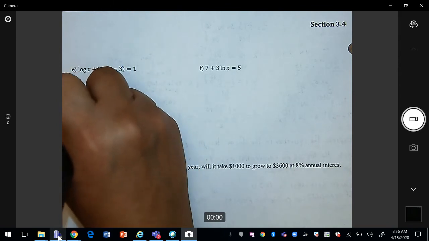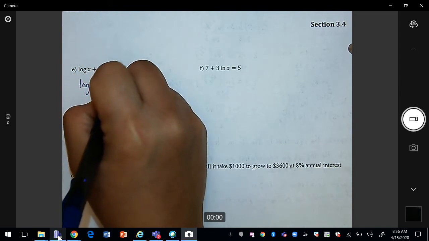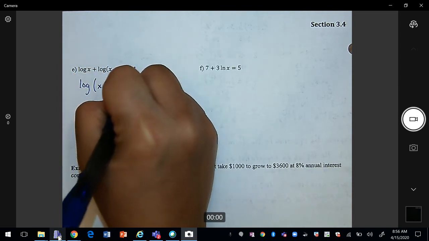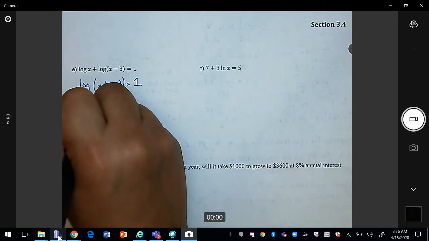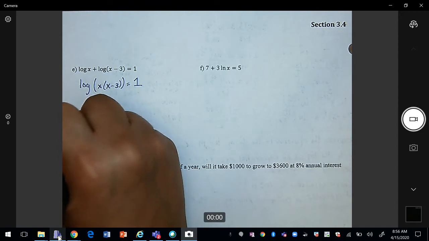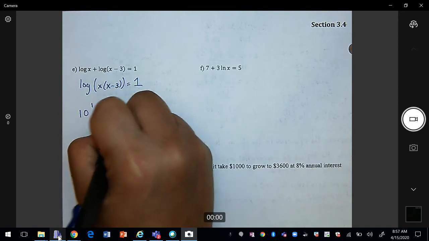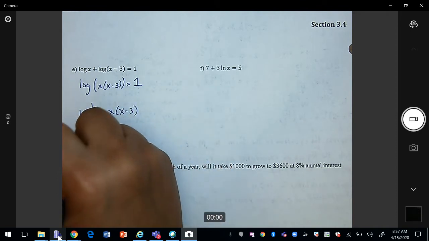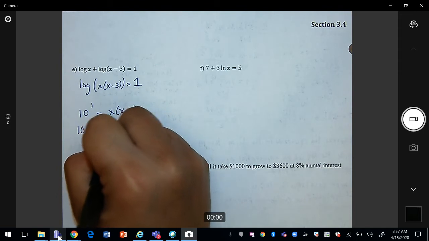Since they're being added, I'm going to multiply them. And I'm going to change this to exponential. So my base here is 10. The log is equal to my exponent. So x times x is x squared minus 3x.